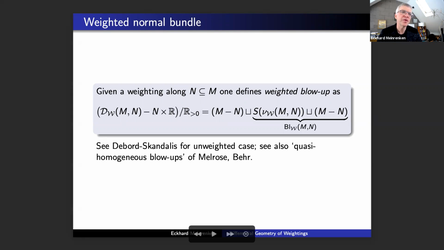You have to remove a subset, which is n times r, the submanifold times r, from the deformation space, then it becomes free and proper. And if you take the quotient, then you get the weighted blowup, or rather a doubled version of the weighted blowup. So you basically get the weighted blowup twice as a manifold without boundary. And if you take half of it, then you get a manifold with boundary, which is what people in C-infinity geometry would call the weighted blowup.